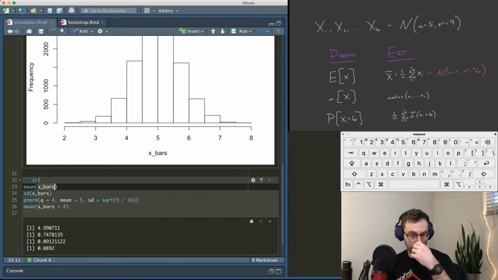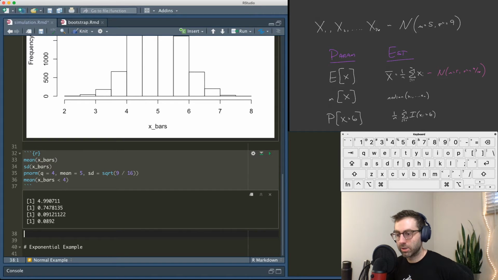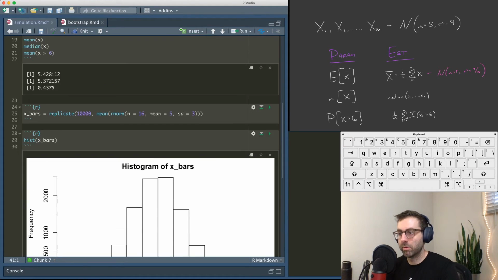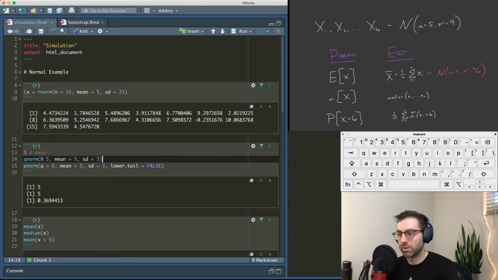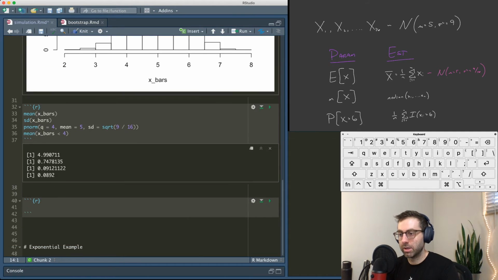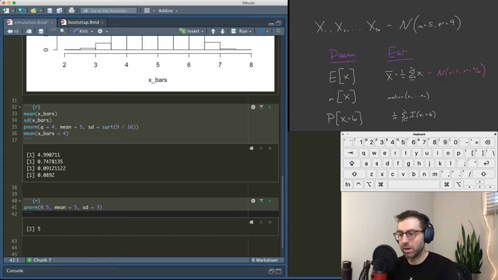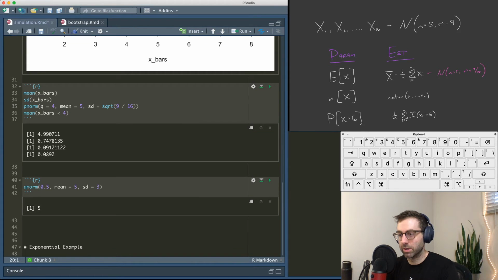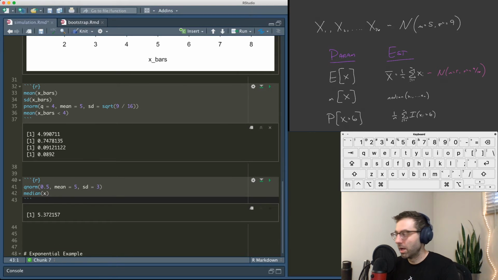So let's do that really quickly for the median and this randomly chosen probability here. Let's remember that the true median is this value here, and for some randomly chosen sample that we had done earlier, that was the sample median.